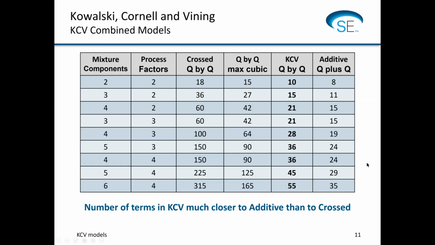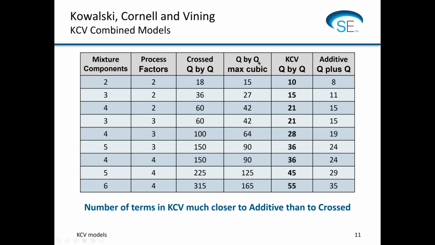Okay, looking at this for just some different combinations, you can look at the KCV model compared to the additive model. It's always bigger, but not by a huge amount. If you compare it to the fully crossed model, now when you have many mixture and process factors, you get higher order terms, quartic terms and 5th order terms and 6th order terms and going on up. And so what we often do if we're going to cross the model is we drop the terms above a certain order.